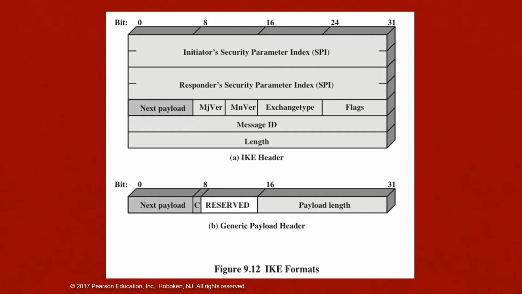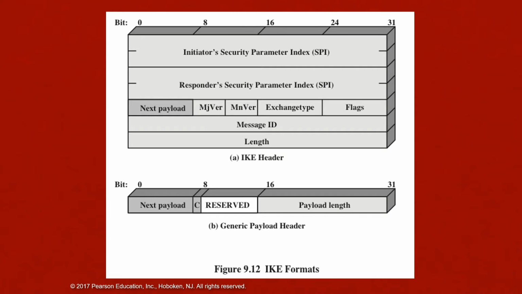All IKE payloads begin with the same generic payload header shown in the figure. The next payload field has a value of 0 if this is the last payload in the message. Otherwise, its value is the type of the next payload. The payload length field indicates the length in octets of this payload, including the generic payload header.